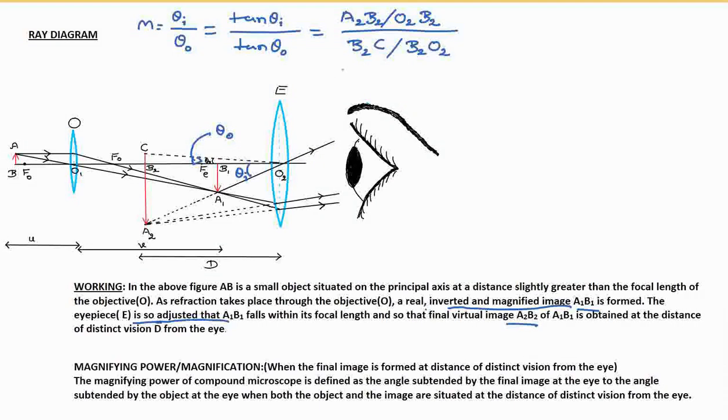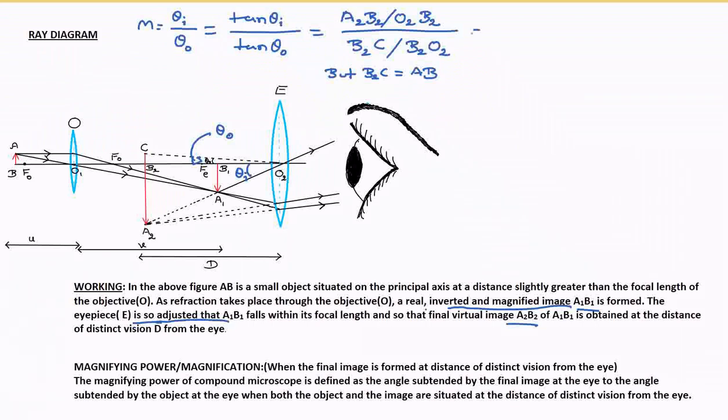But see, B2C is equal to AB, because B2C is nothing but we have replaced AB object to this point B2.